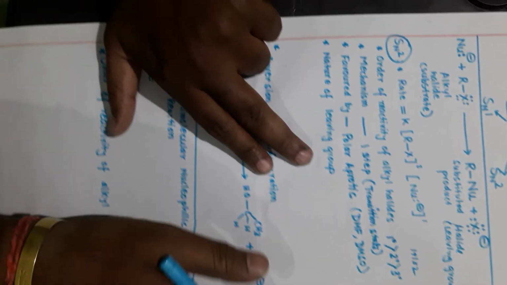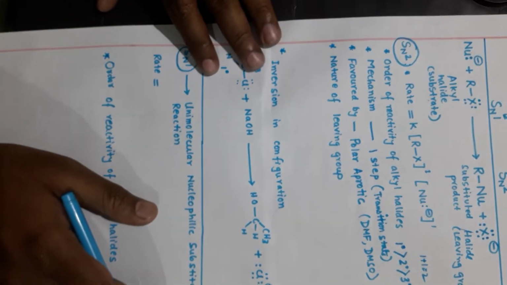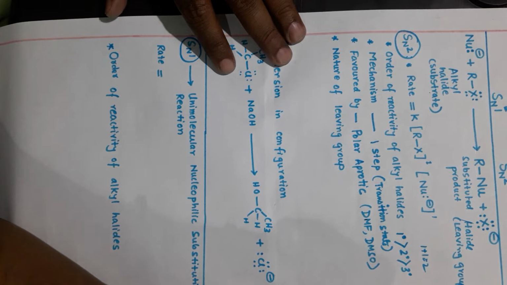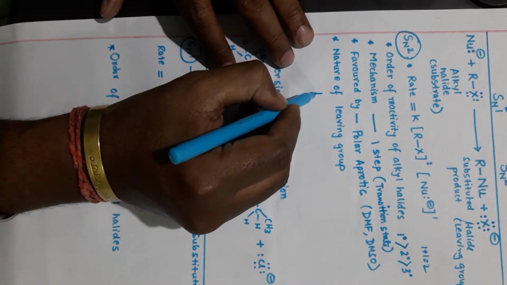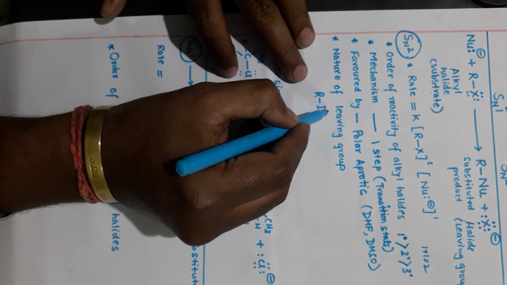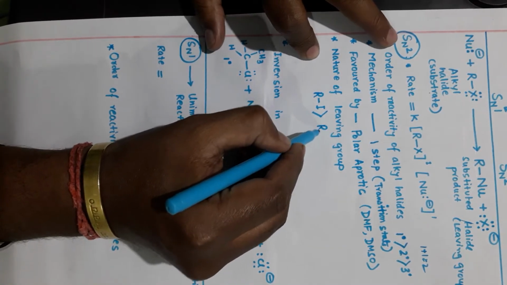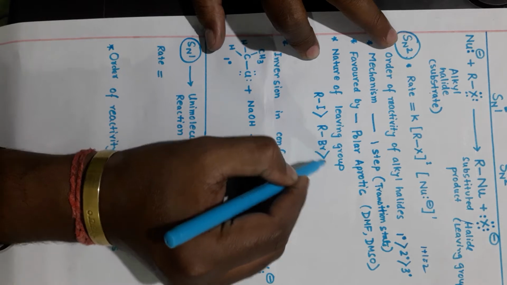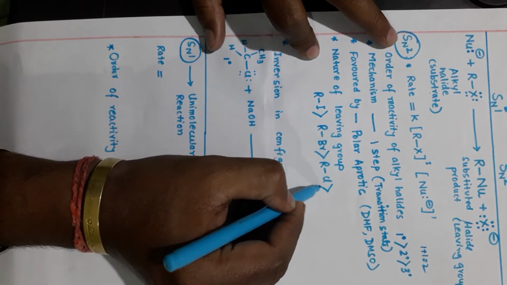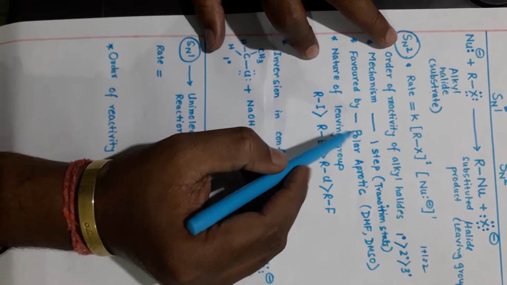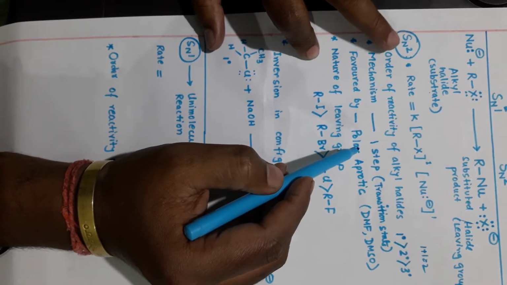Coming to the nature of the leaving group, we have learned which type of alkyl halide is preferred. We have seen that alkyl iodides have greater reactivity towards Sn2 than alkyl bromide, than alkyl chloride, than alkyl fluoride. I have told that primary alkyl halides have higher reactivity towards Sn2.